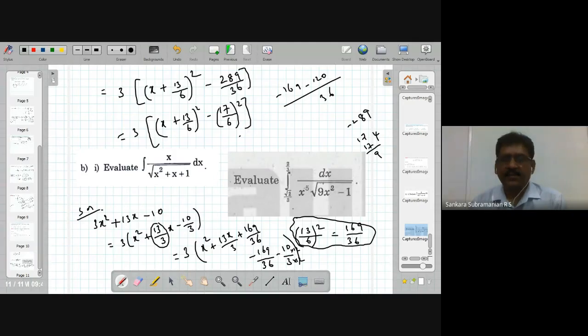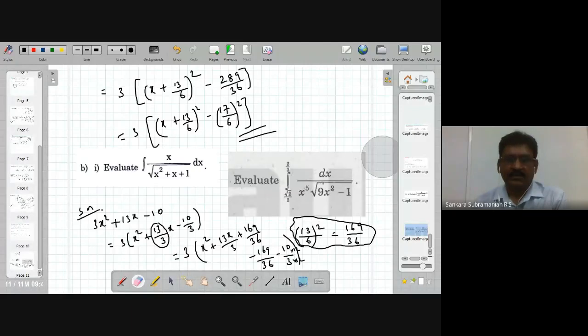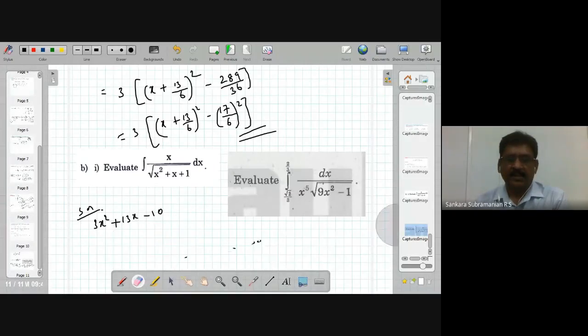This is the key term to be used for evaluation, right? So this 3x square plus 13x minus 10 can be written like this by completing the squares. This is the idea.